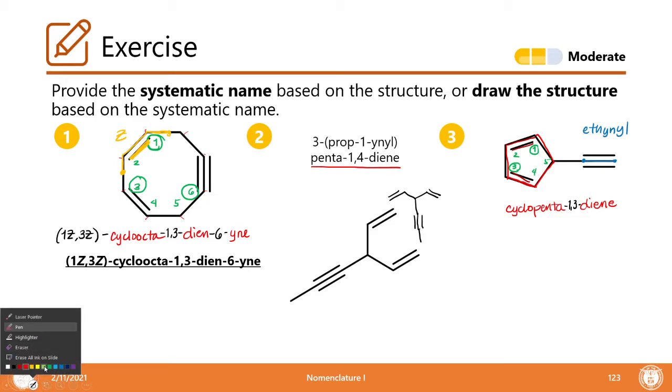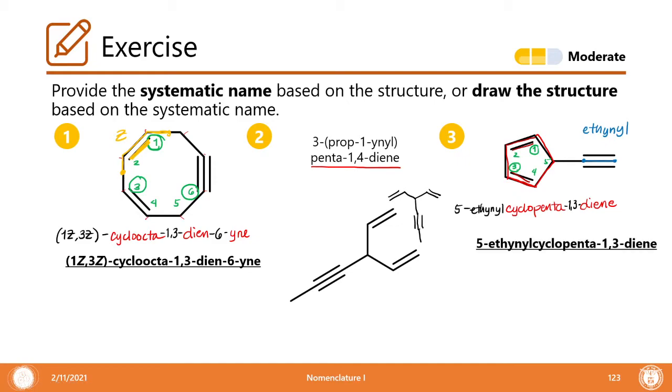And then at position 5 we have our ethynyl. So 5-ethynyl-cyclopenta-1,3-diene. That's correct.